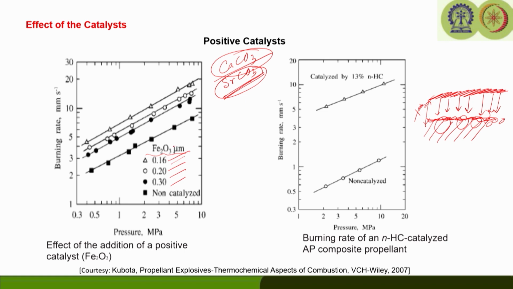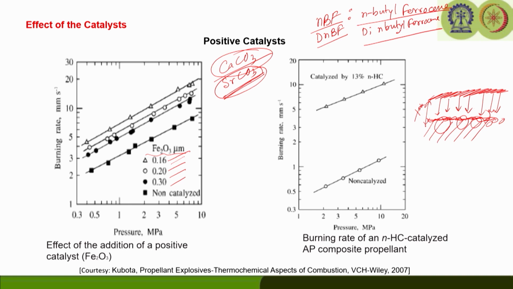There are other catalysts like N-butyl ferrocene, di-N-butyl ferrocene and iron acetate. The other catalysts that are also tried are hydrated ferric oxide, N-butyl ferrocene, and di-N-butyl ferrocene, as burn rate modifiers or positive catalysts.